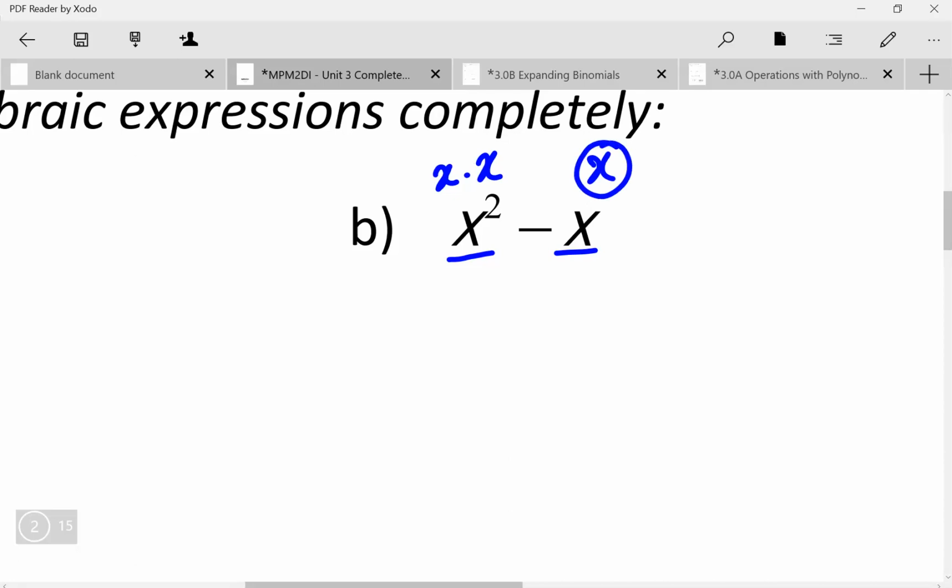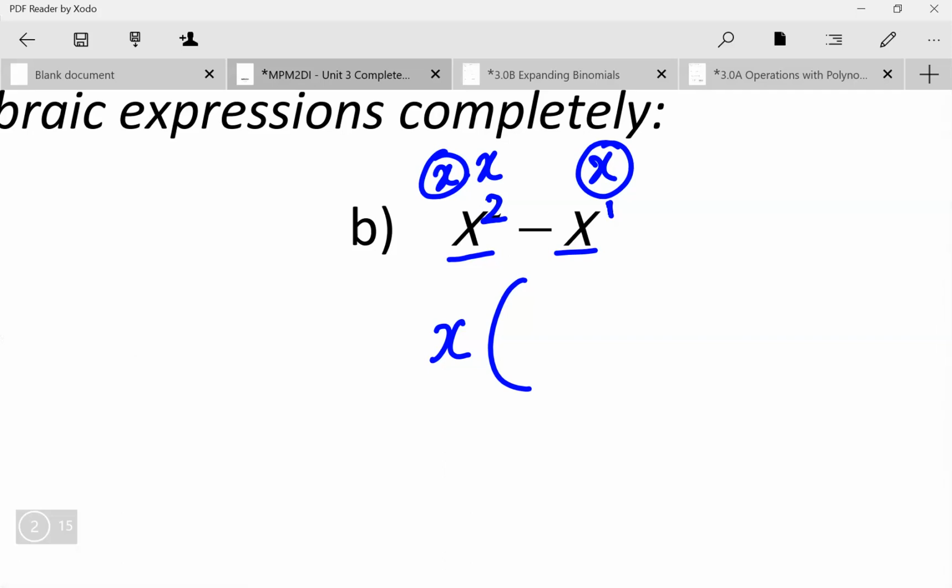So we see here that there is an x that is common. So whenever we have two variables with the same letter, the factor that comes out is the lowest power. So here we have x to the power of 2, here we have x to the power of 1. What I'm doing is x to the power of 1 is my greatest common factor that I can take out.